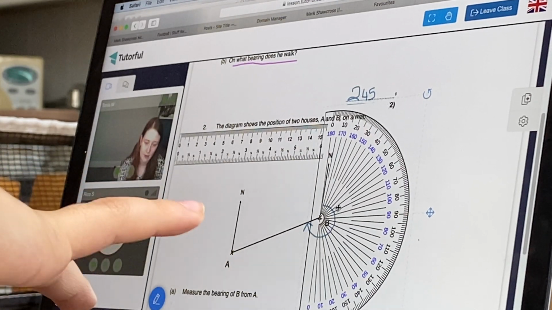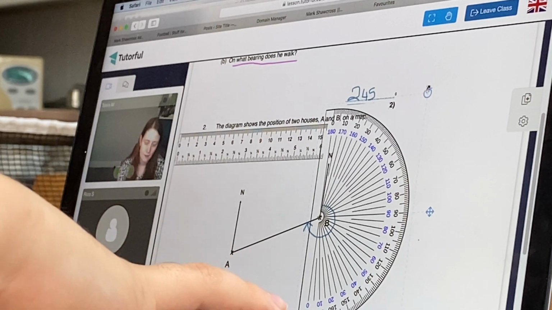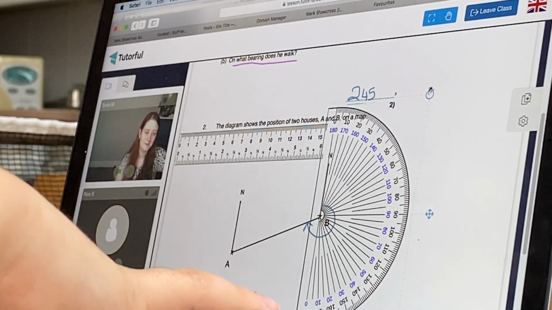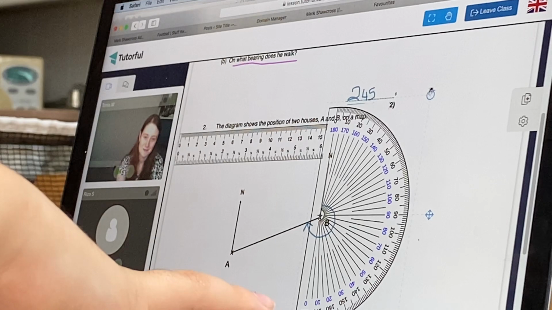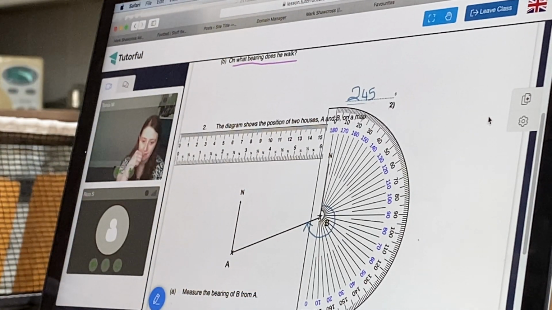Yeah, perfect. Line it up like that and then measure where's 170 from there.